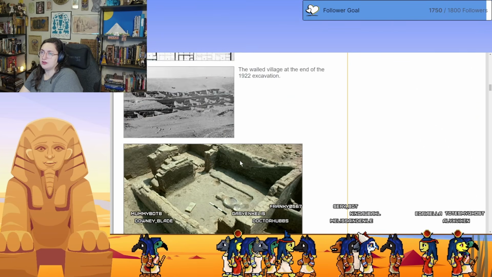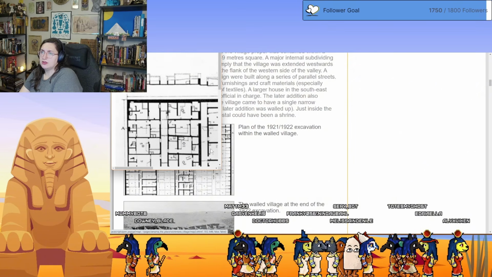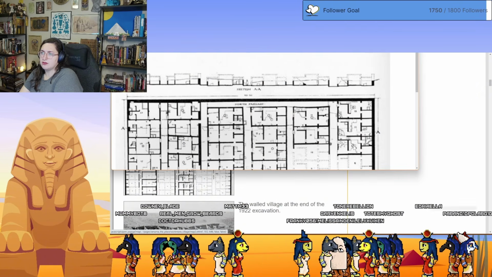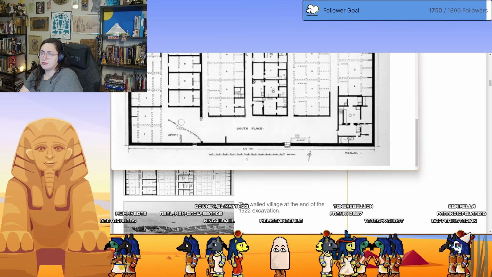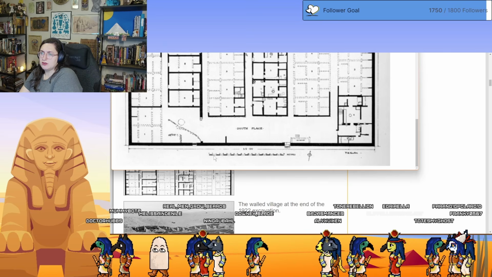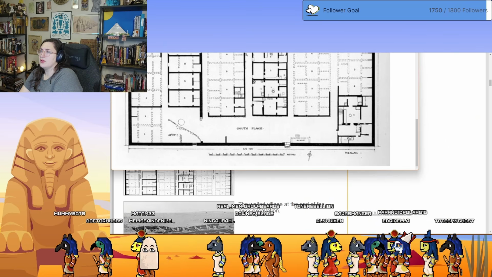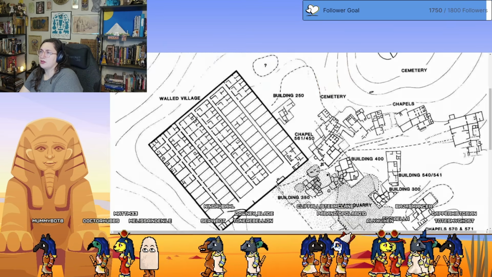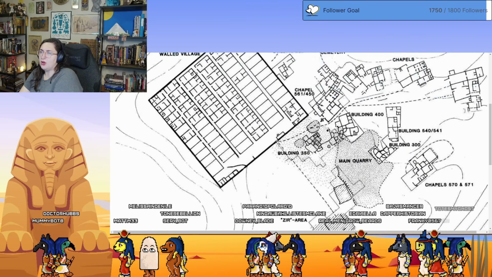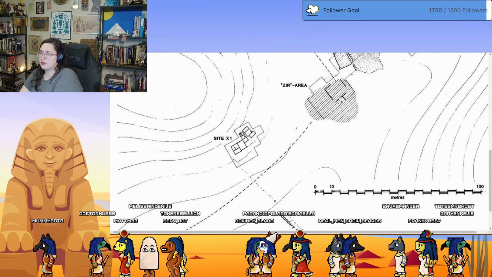Let's see. Is there a scale on this? This is meters. See, this is so hard for me to... The whole thing is 69 meters.